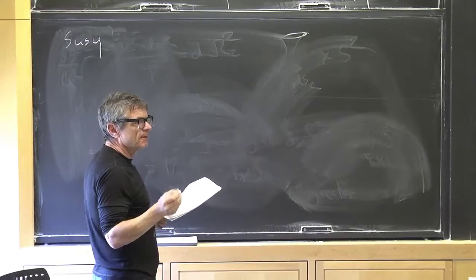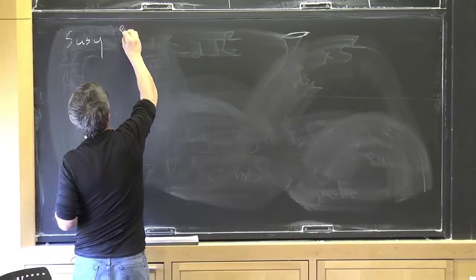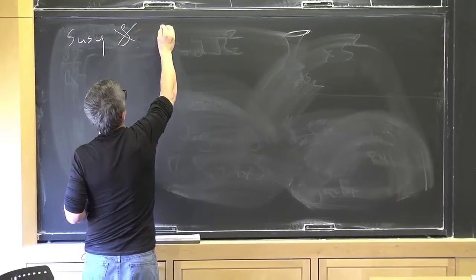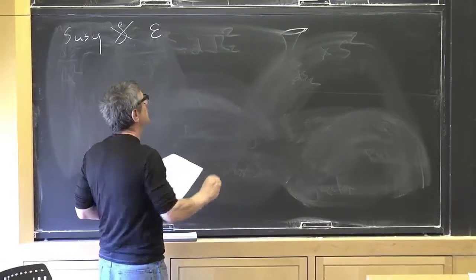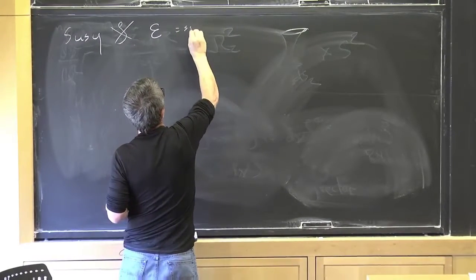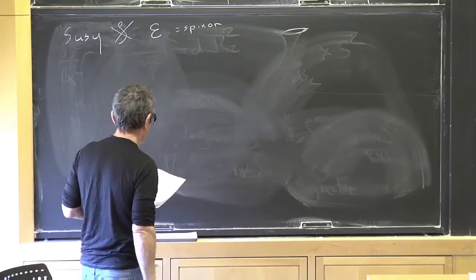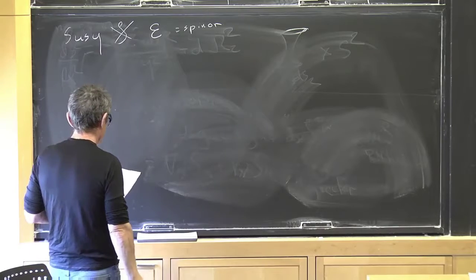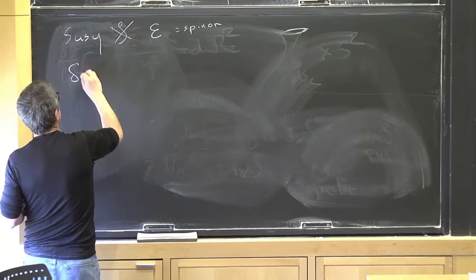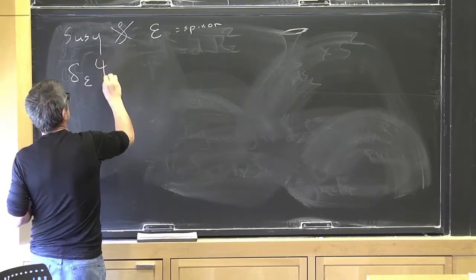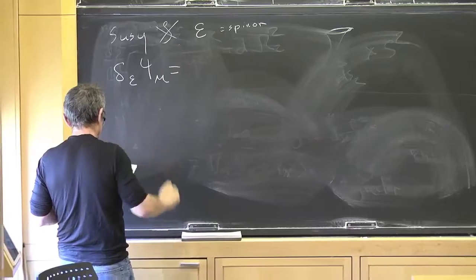Instead of being parametrized by a vector field zeta, we're going to parameterize by a spinor, which I'm going to call epsilon, a Dirac spinor, with 4 complex components. And the supersymmetry transformations are delta epsilon psi mu, the Rarita-Schwinger field.